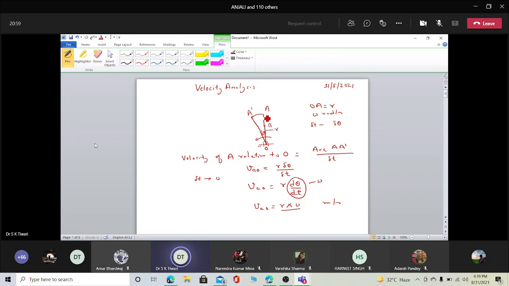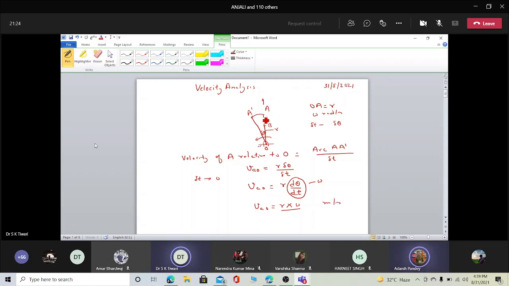Therefore, what is the limitation with the point A? When you are displacing the point A in the anti-clockwise direction, the point A on the link OA can't move away from the center of rotation, nor can it come towards the center of rotation, because it is on the rigid link. Am I right?